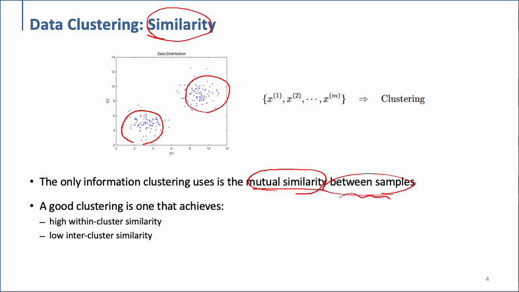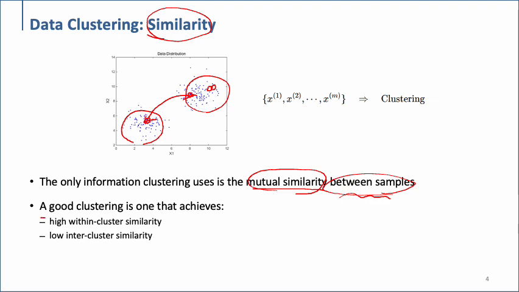Let's say for these two data, we can say they share some similarity. But in the case of this one and this one, it's difficult to say they have mutual similarity.